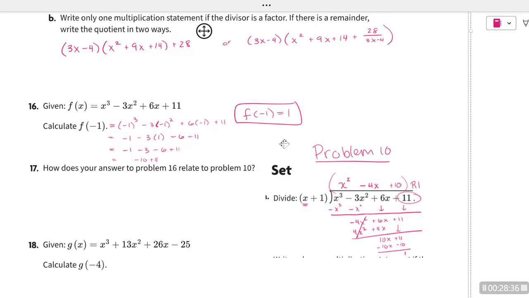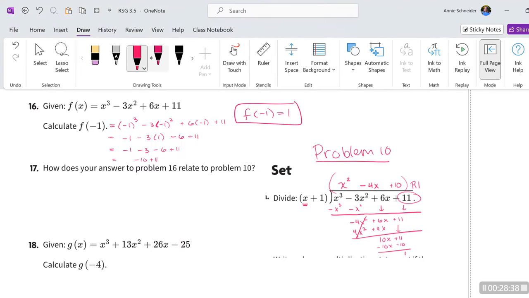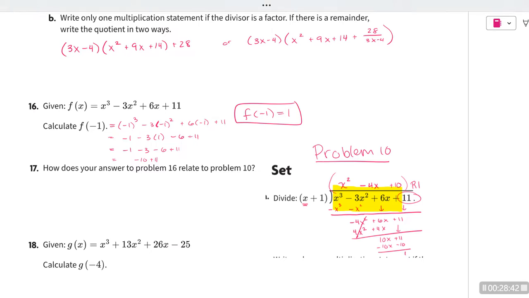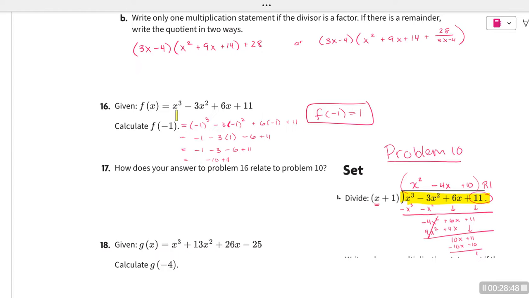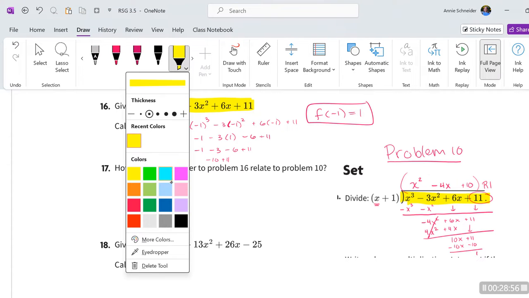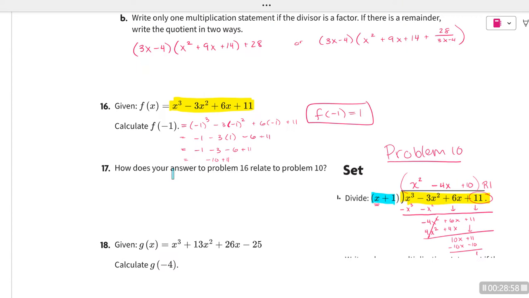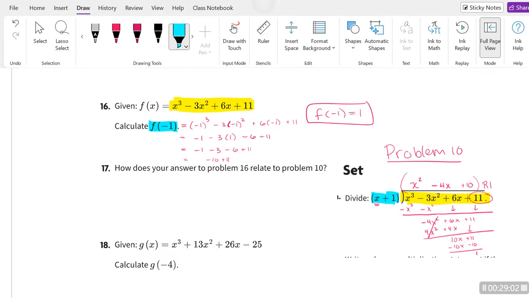We see x cubed minus 3x squared plus 6x plus 11. Make that a little smaller. There we go. So that is actually the same polynomial that we see right there. So those are the same. So let's think of how this x plus 1 relates to f of negative 1.